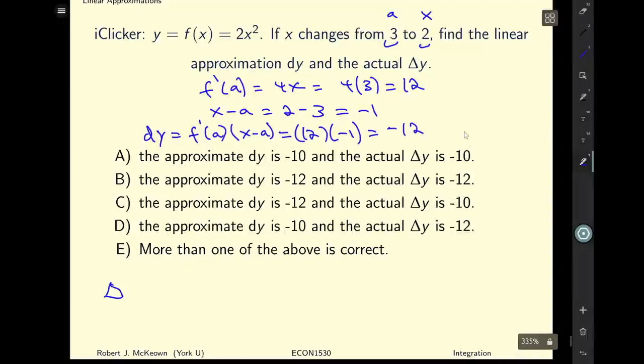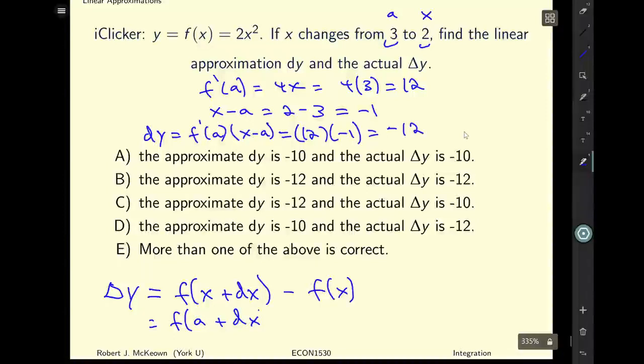Now we have to try and find the actual change in y. If we want to find the actual change, we're going to have to write out f of x plus dx minus f of x. Or in our terminology, we're going to have f of a plus the change in x minus f of a.